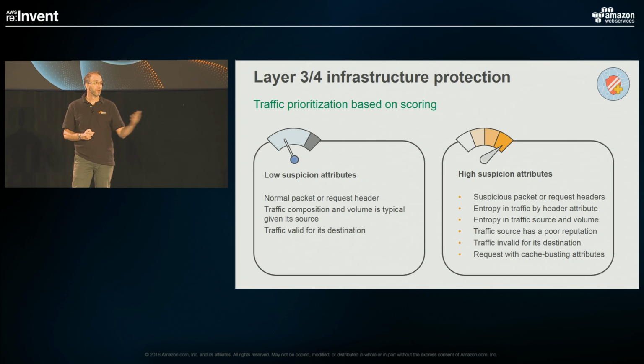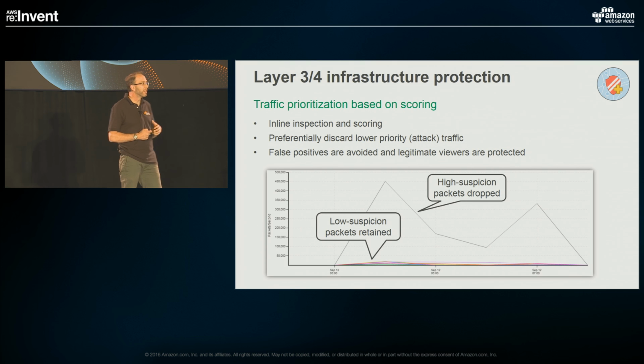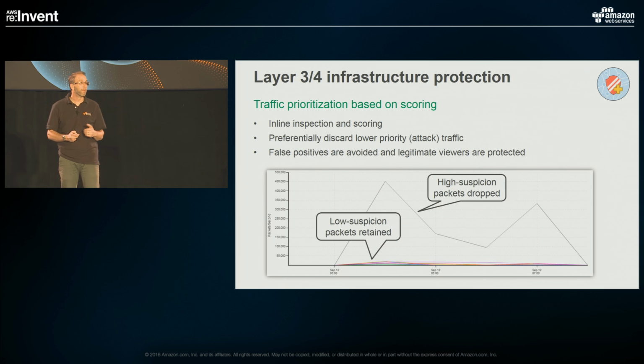Then, if there is a large DDoS attack and we can't filter it out deterministically, we can do it probabilistically. Most importantly, we can drop those high suspicion packets and make sure that the lower suspicion packets, which will represent your valid customer traffic, are getting through.